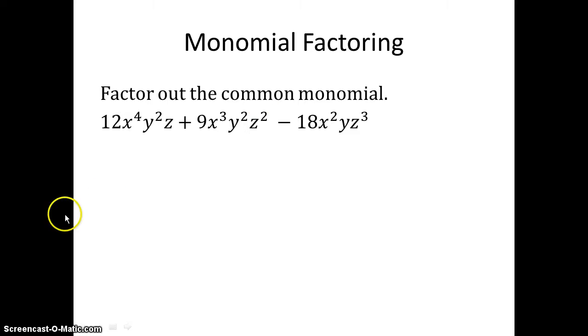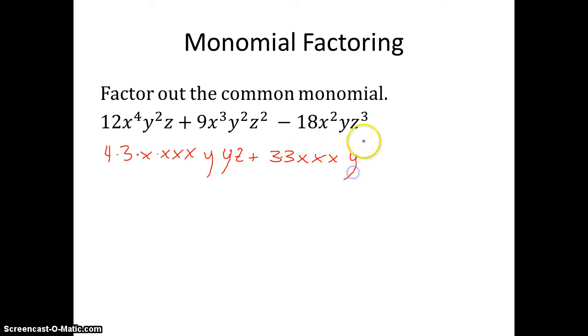Let's do another one. Alright, so I could rewrite 12 as 4 times 3 times x times x times x, y times y, z, plus 3 times 3, x, x, x, y times y, times z, minus, now our prime factors of 18 will be what?